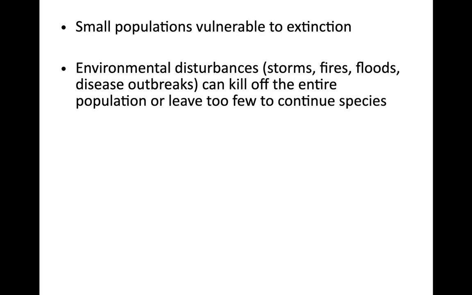That's why you might read a story every once in a while about a panda bear from China being shipped to maybe San Francisco to the zoo there to try to make them reproduce, because there just aren't enough pandas going around. So they basically have to ship them around the world to try to continue the species.